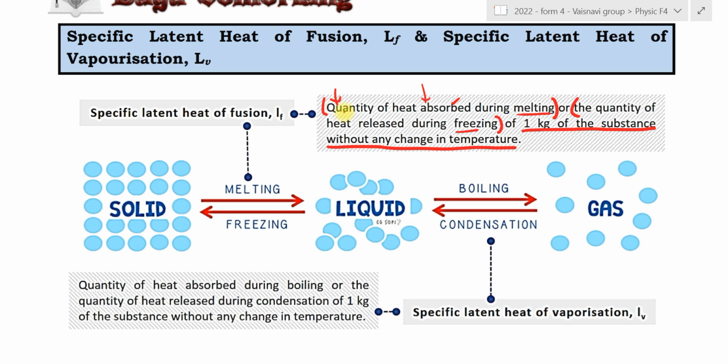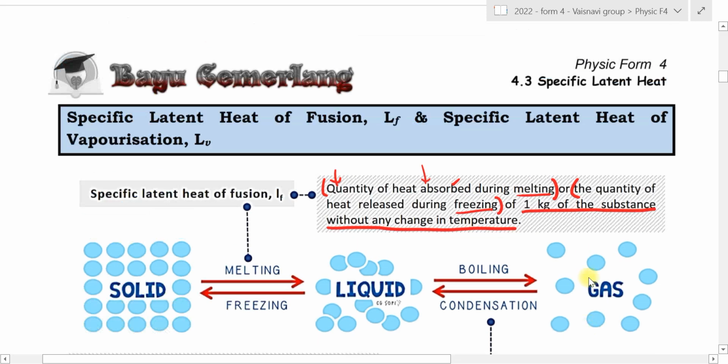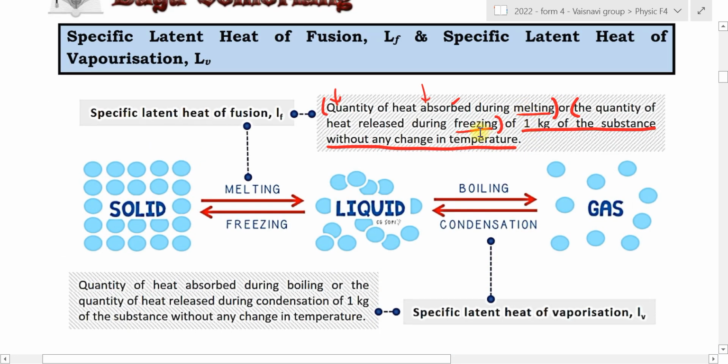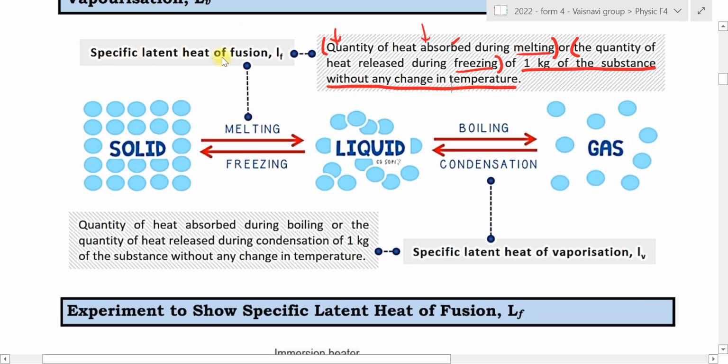But you already tell melting, freezing, it already means change of phase. So tak payah kamu letak change of phase. Okay? Sebab melting dengan freezing sudah membawa maksud your phase is changing. Just mention the temperature does not change. Quantity of heat absorbed during melting or quantity of heat released during freezing of 1 kg substance without any change in temperature. Okay, so dekat sini specific latent heat of fusion, solid becoming liquid.